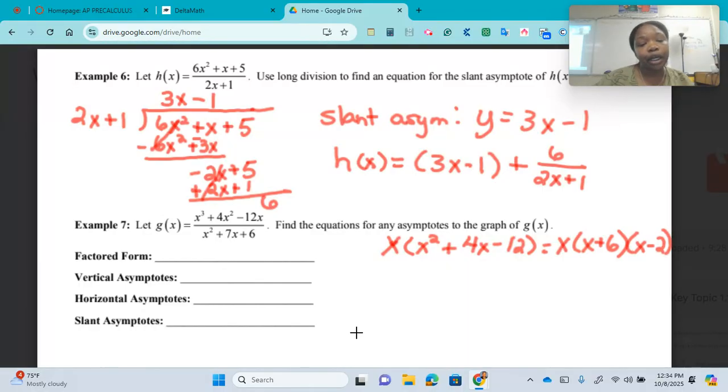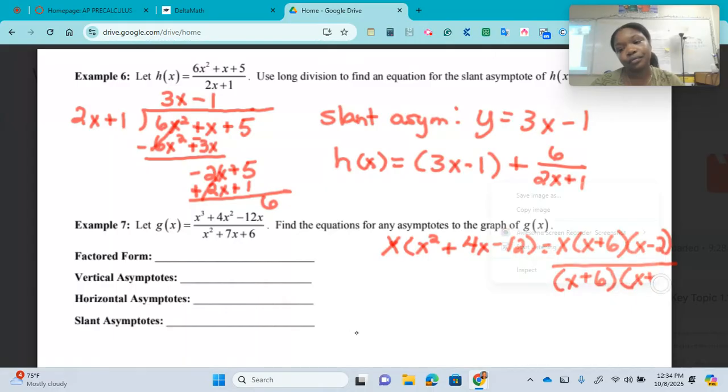And the denominator, two numbers that multiply to give us 6 and add together to give us 7, is (x plus 6)(x plus 1). All right. So we have our factored form.